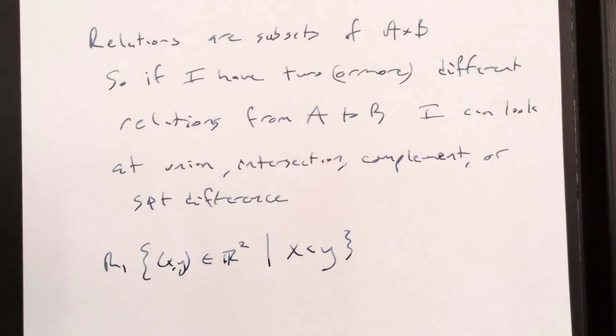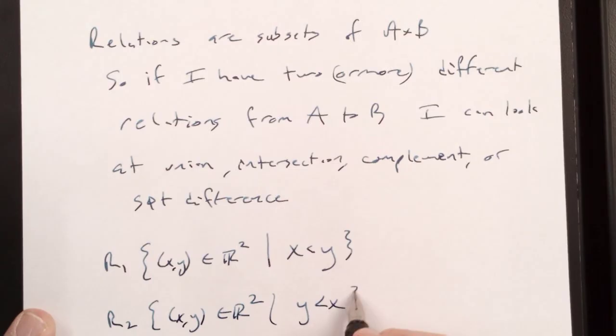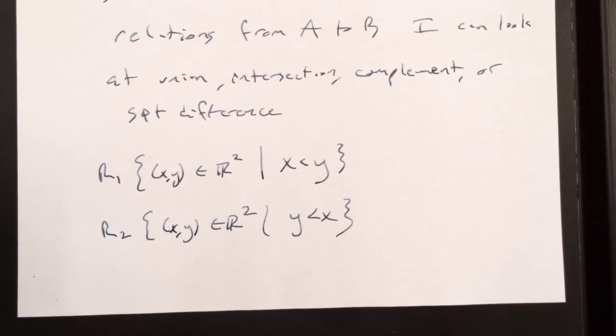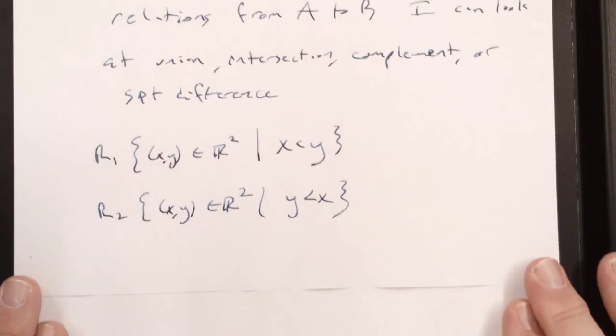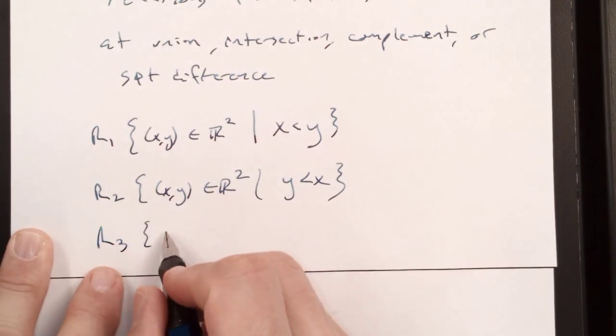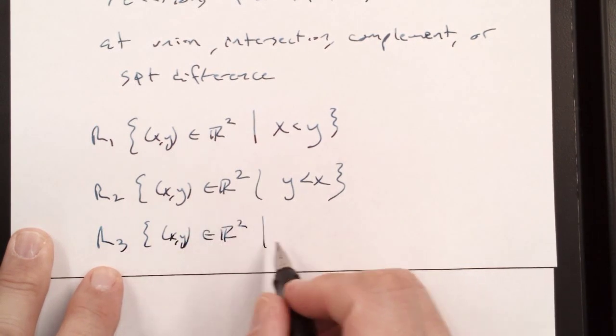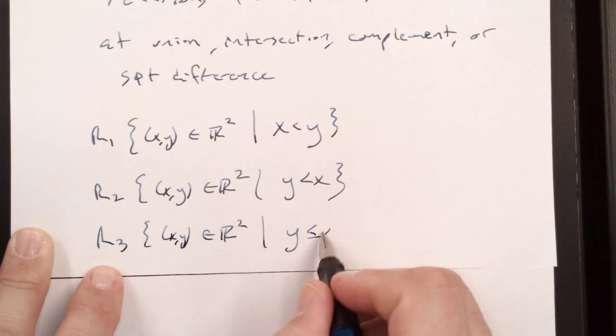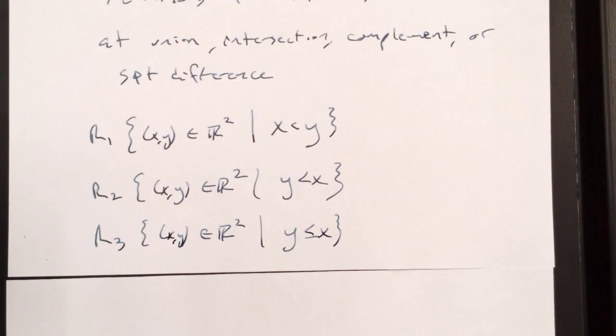Relation 1 is the set of real ordered pairs where x is less than y. Three different relations on the set of real numbers.